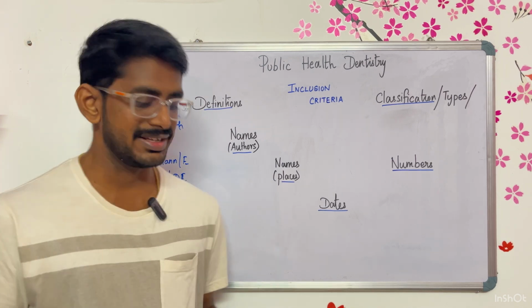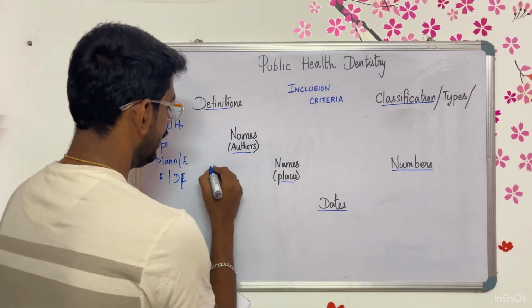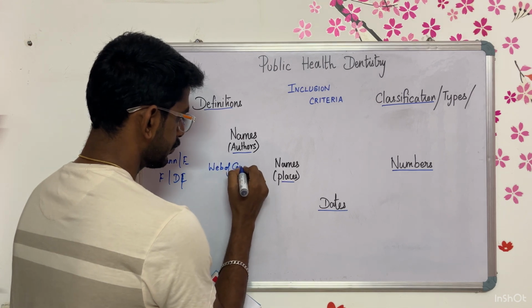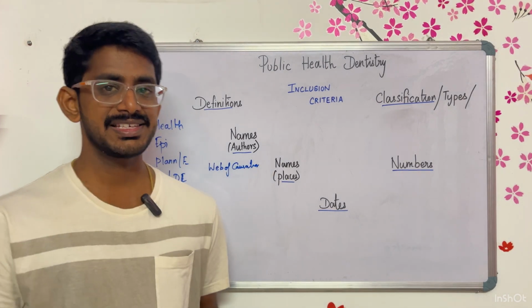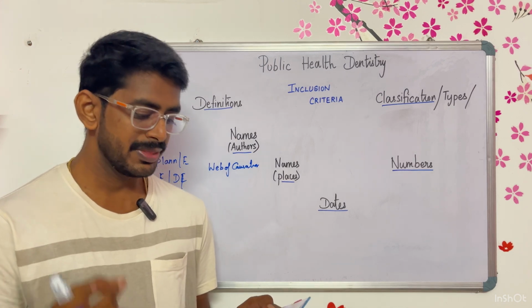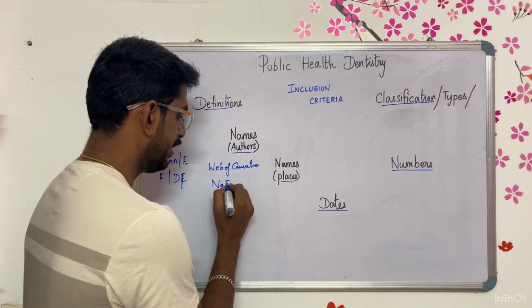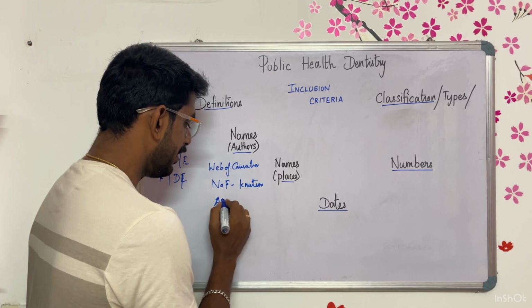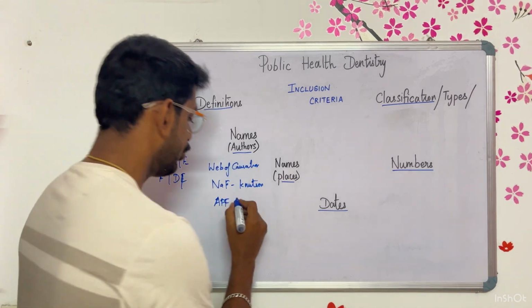Okay, most popular example. The concept of web of causation was given by McMahon and Pugh. The concept of multifactorial causation was given by Pettenkofer of Munich. The technique of sodium fluoride application was given by Knutson. The technique for application of acidulated phosphate fluoride was given by Brudevold.